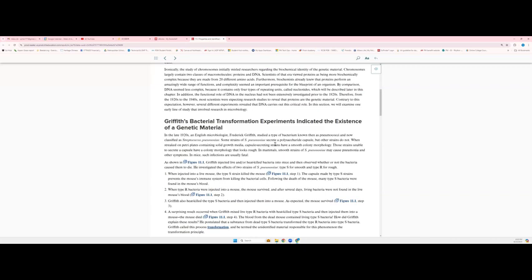So what do you mean by strain? Pneumococcal is a bacteria, but there are several different types of it. Their properties and characters are very similar, but their behavior is different, which means their genetic information is different, right?